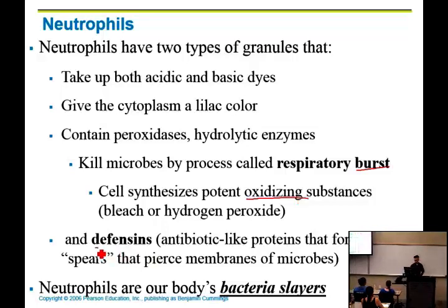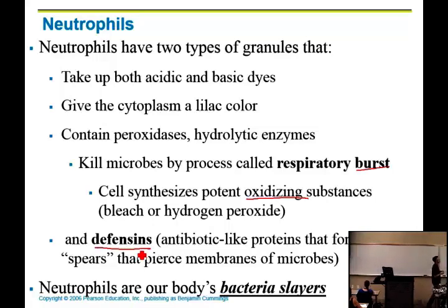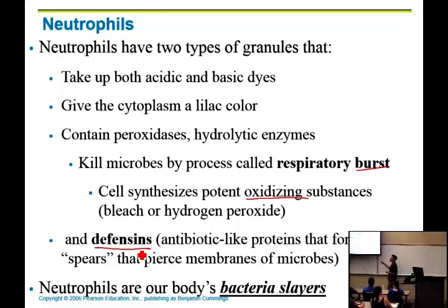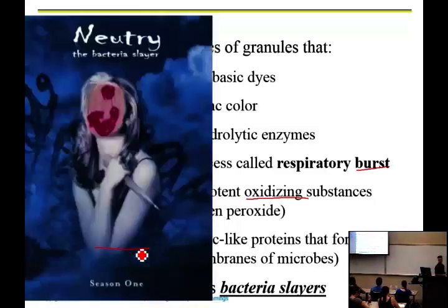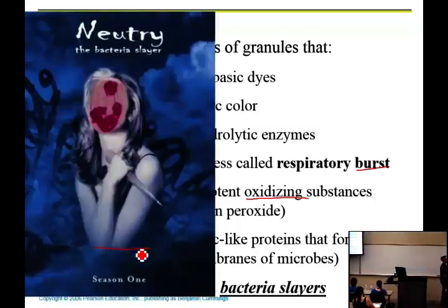They also have these things that are called defensive proteins that will pierce the membranes of these microbes and cause them to lyse. But these are phagocytic cells as well. So they basically will end up attaching to and partially ingesting these cells. They secrete these digestive enzymes and proteins onto them and kill them off. And so for the most part, neutrophils are oftentimes known as the body's bacteria slayers.